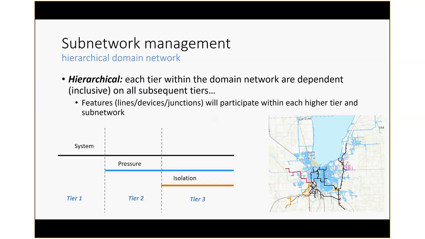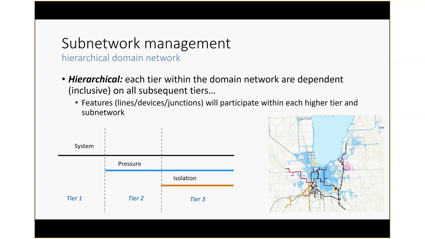Maybe I'm a distribution company. I may manage 16 or 20 different systems, and these systems are geographically disjoint from each other because they're connected to some transmission provider. So they're disjoint systems, and they each have a name, maybe their geographic name or the village that they're serving.